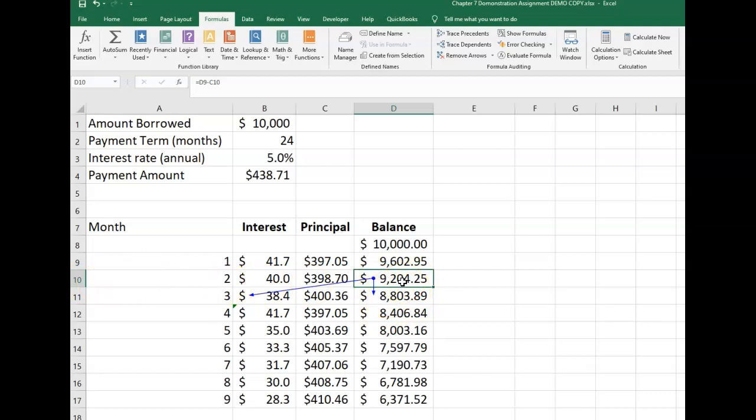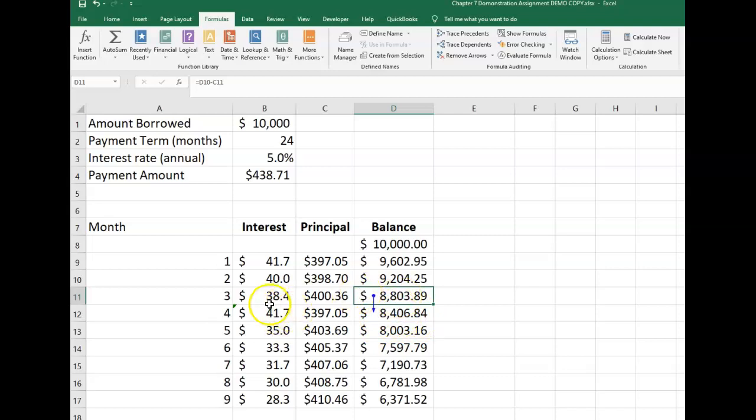Now let's try tracing the dependents for D11. D11, trace the dependents. Oops, the only thing that's happening here is the new principal balance is dependent upon the old one.